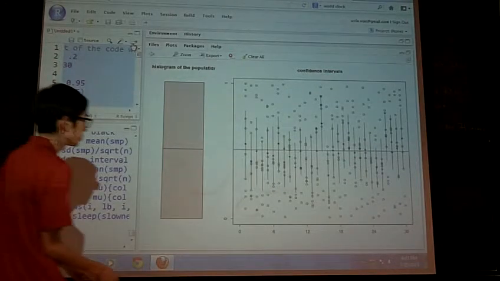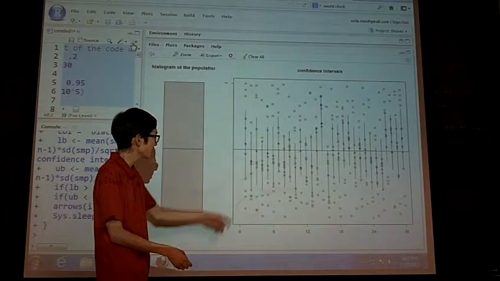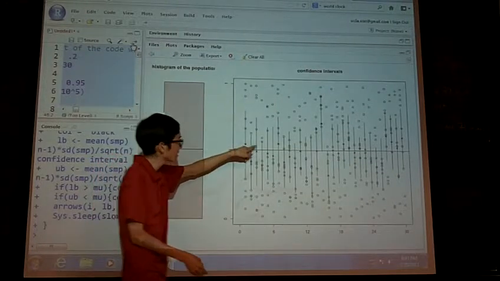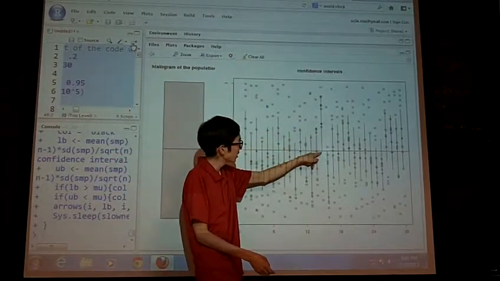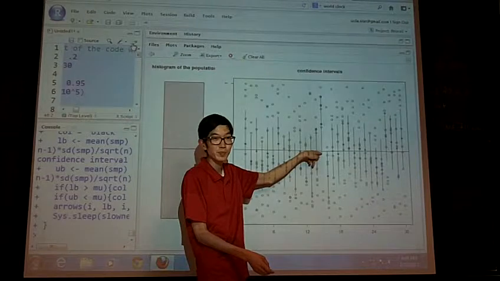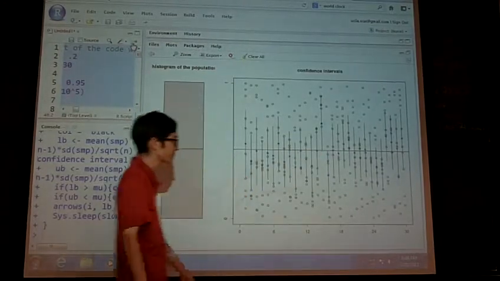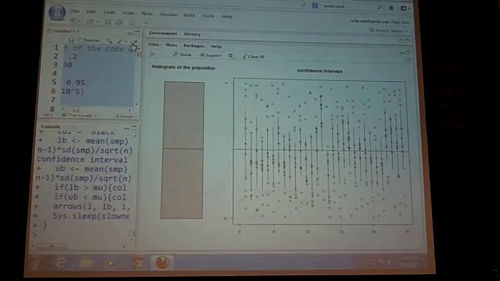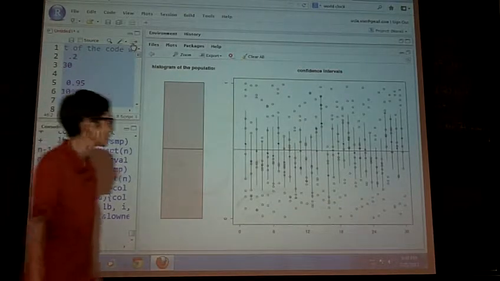Okay. So sometimes our blue dot is close. This one barely managed to get the population mean. Yeah, okay.